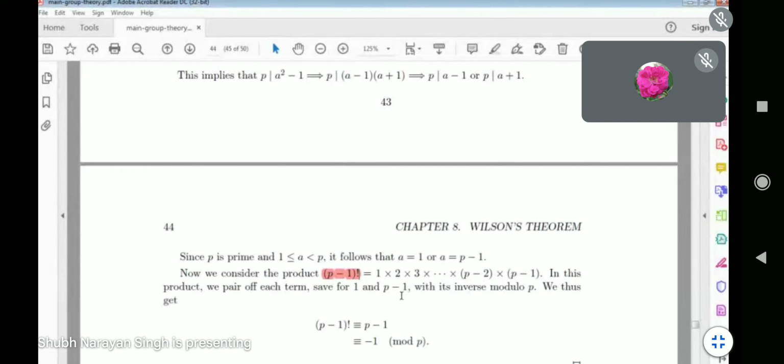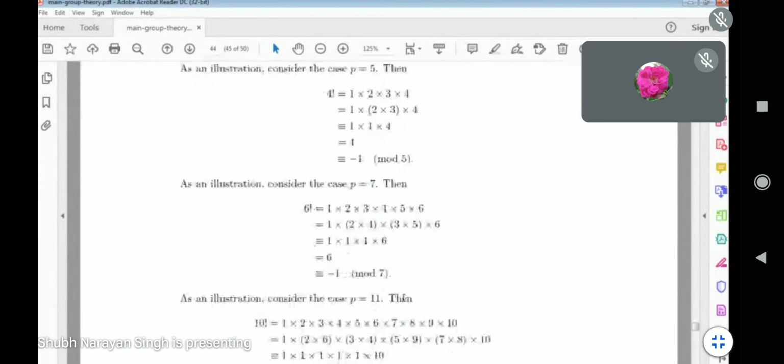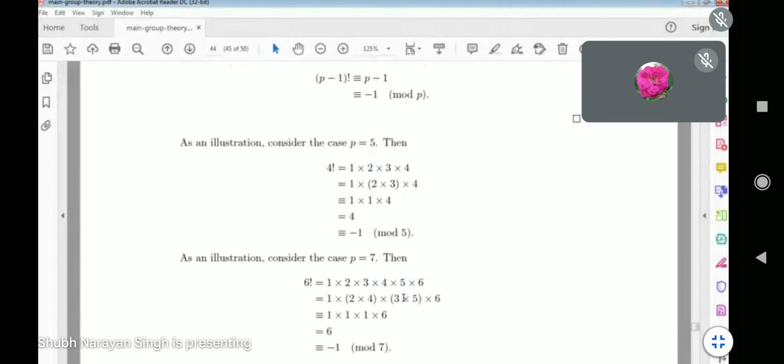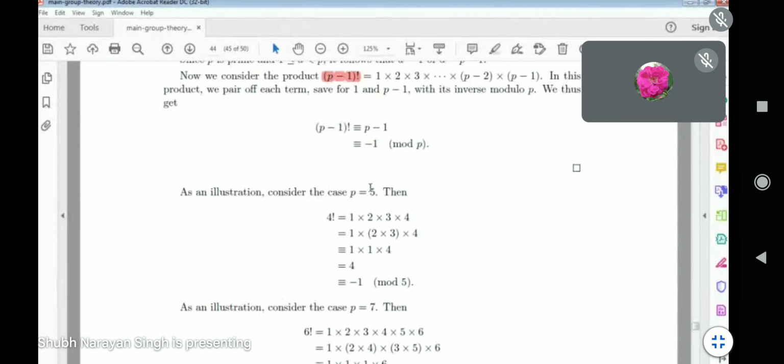Like, see, here I try to explain something. Suppose P is equal to 5, then think about P minus 1 factorial, that means 4 factorial. 4 factorial is nothing but this product 1 into 2 into 3 into 4.